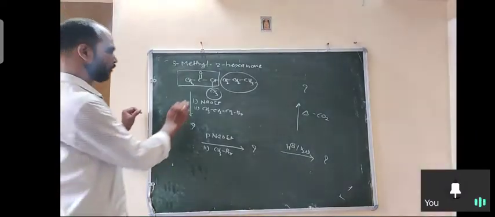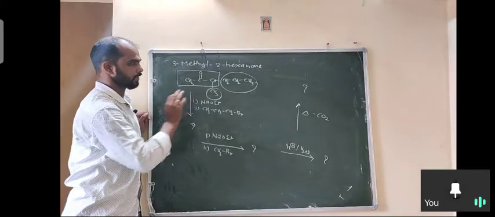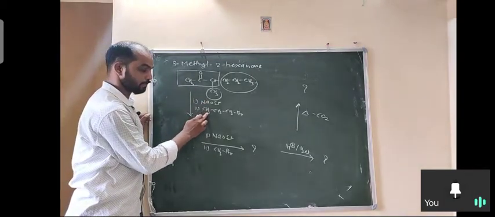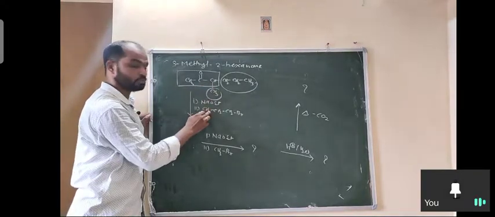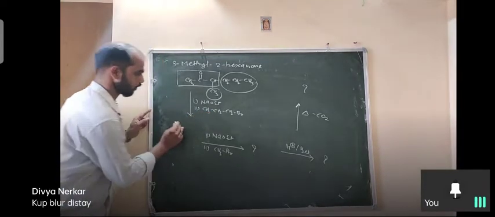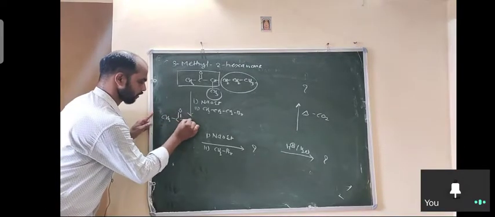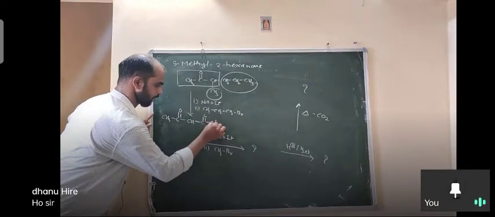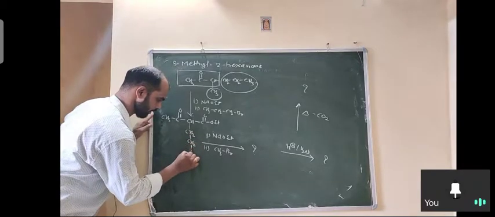In the given target compound, what is the first step? NaOEt is given and n-propyl bromide is given. So first of all, form the carbanion, then do the first alkylation with n-propyl bromide. You write the product here: CH3 C=O CH C=OEt, and here you attach CH2CH2CH3.